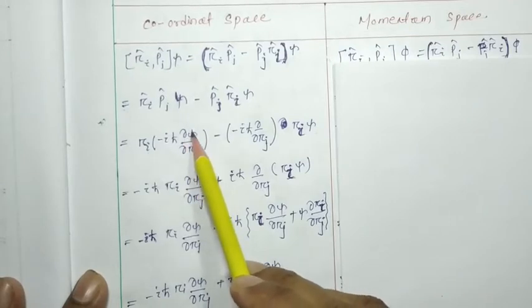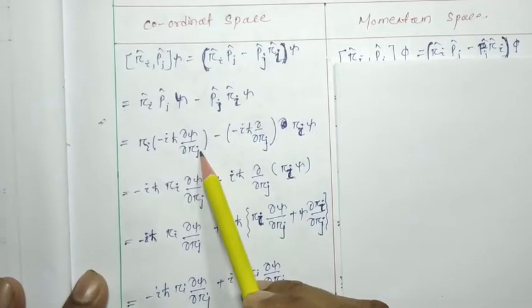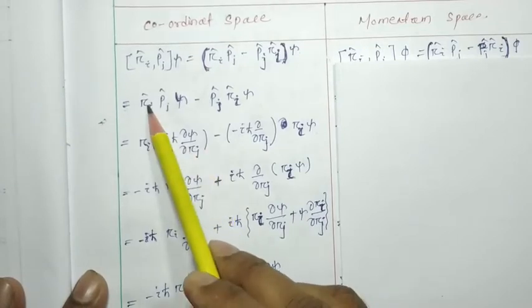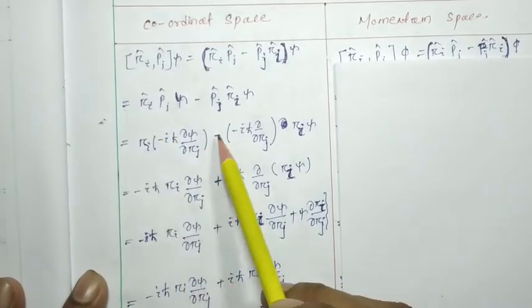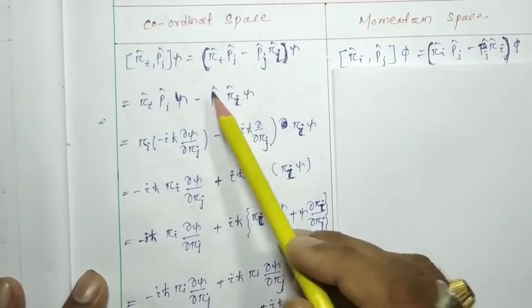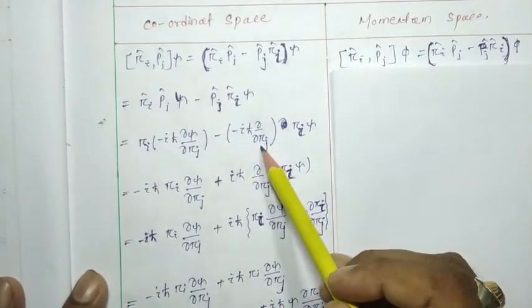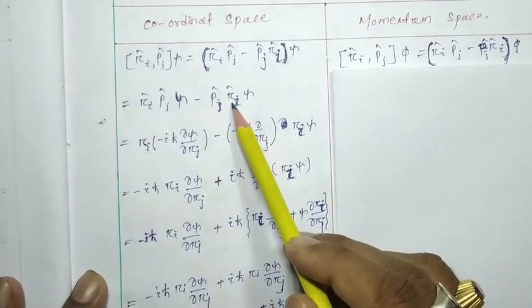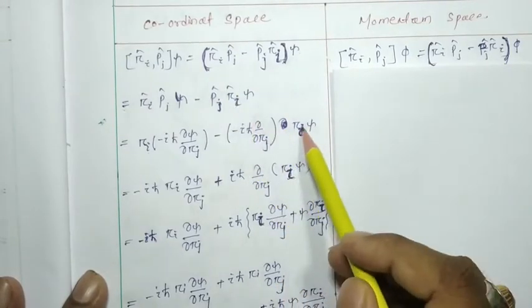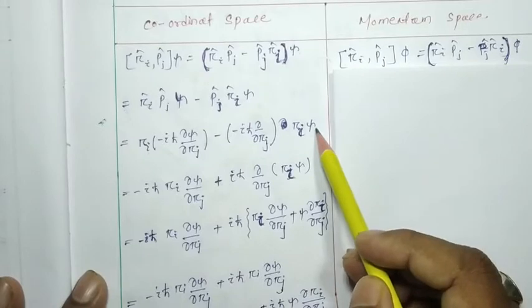It will be del psi by del Rj. Ri cap value will be Ri, minus pj cap value is nothing but minus i h cross del by del Rj, but Ri cap value is Ri, which is operated over psi.